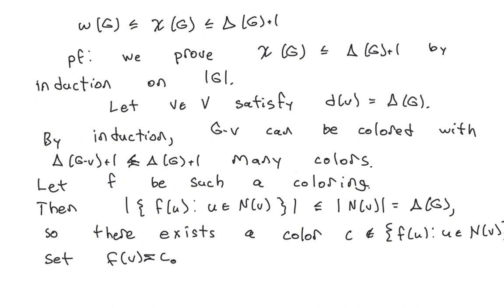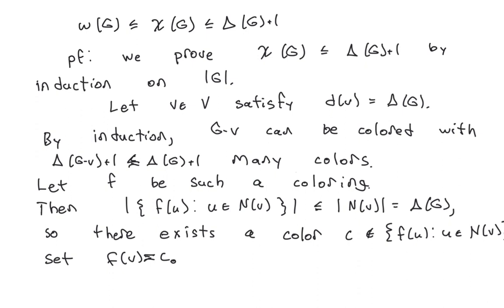So take such a coloring. Now let's look at what the coloring does to the neighbors of v. In the worst case scenario, every neighbor of v has a distinct color. So the number of colors used is at most the size of the neighborhood. By construction, that's actually the maximum degree.